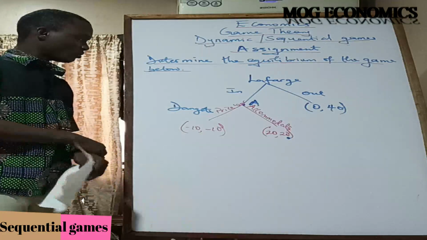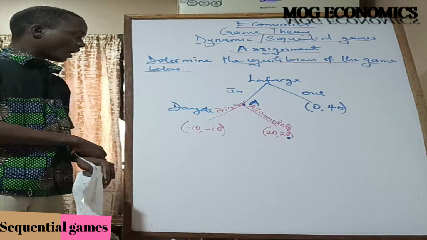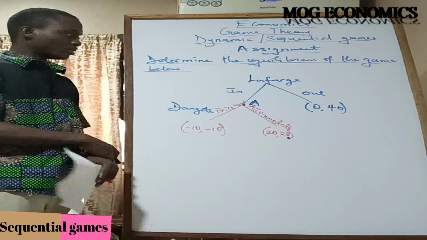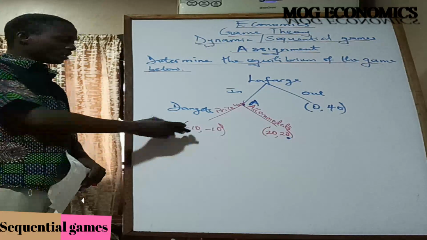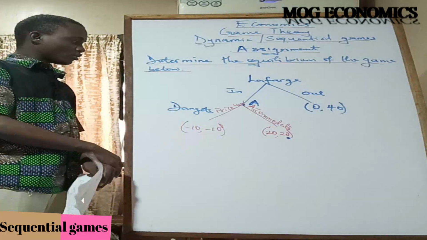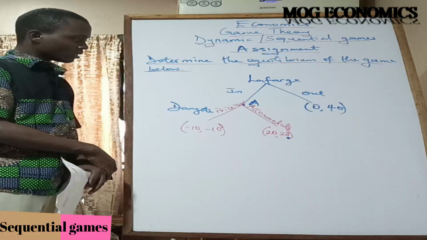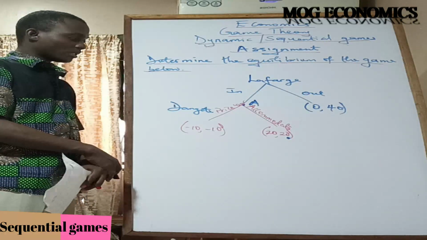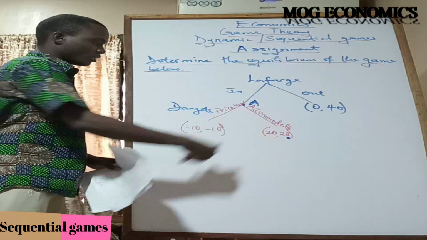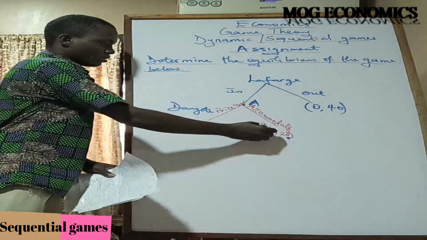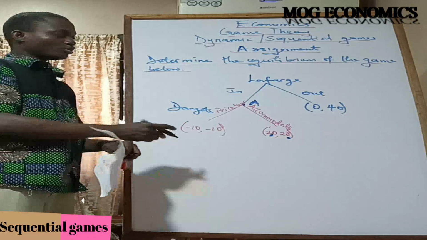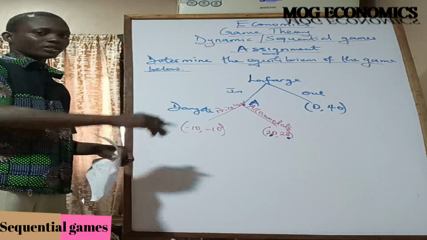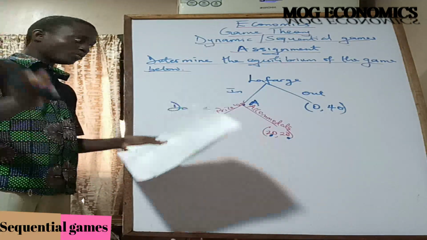If Lafarge comes in and Dangote starts a price war, Lafarge is going to get a minus 10. If Lafarge comes in and Dangote accommodates it, Lafarge is going to be here. Remember that what we used to do for the first mover is the overall solution.